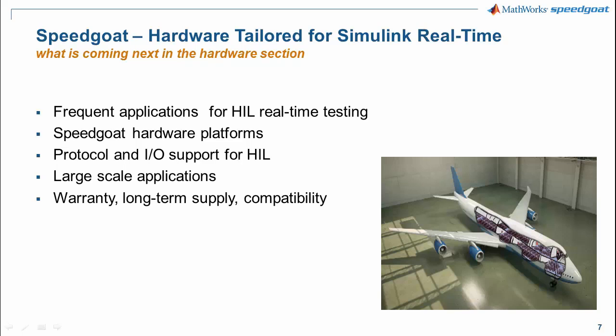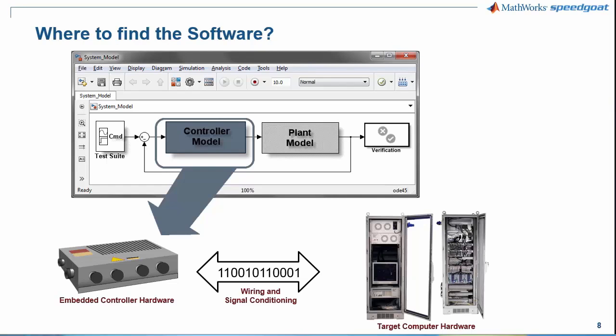Matrix and SpeedGoat offer great technology to scale up your HIL solution in regard of simulating applications concurrently or integrating thousands of I/O channels, as well as the capability of running certain parts of the model at very high closed-loop sample rates. Last but not least, we will talk about protecting your investments. We assure warranty, long-term availability, and full compatibility of all hardware and software components with latest MATLAB releases. Tobias, it would be great if you can show where the software can be found and what the Simulink Real-Time workflow looks like. Thanks a lot for the quick introduction, Patrick.